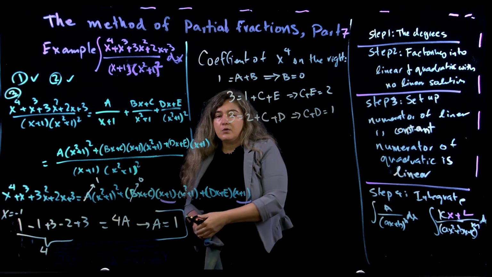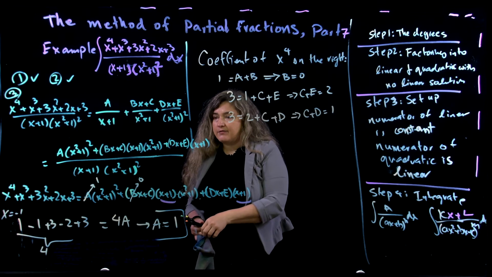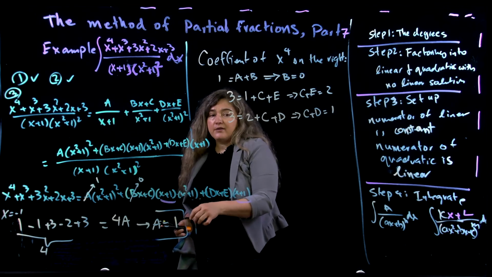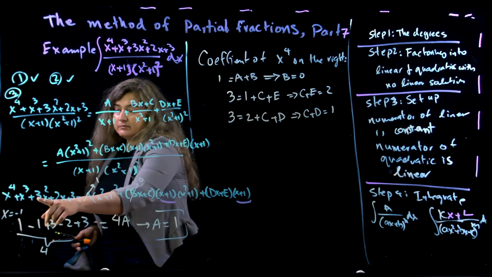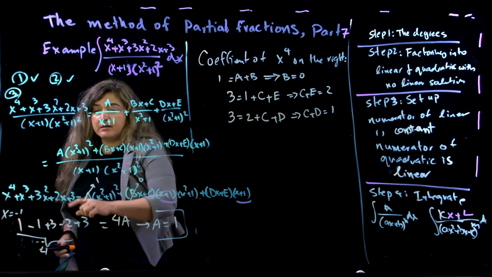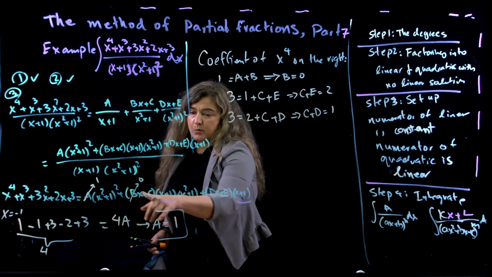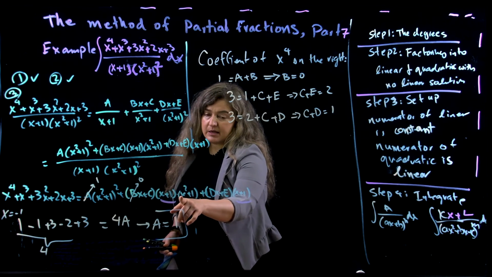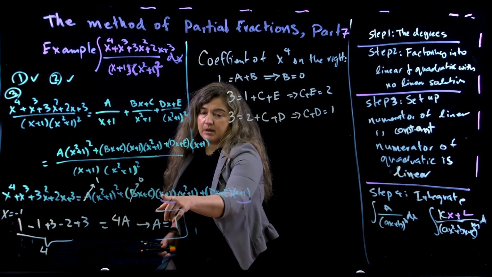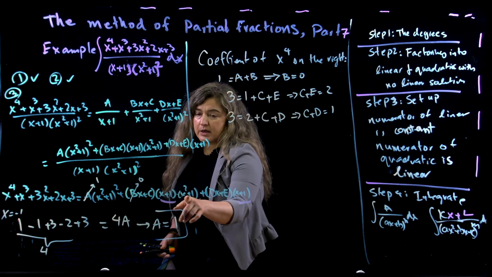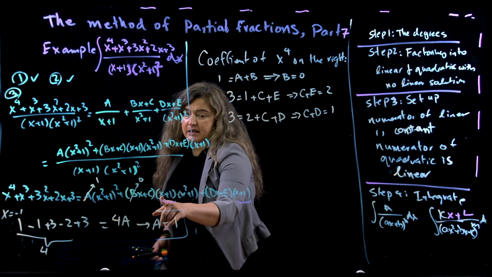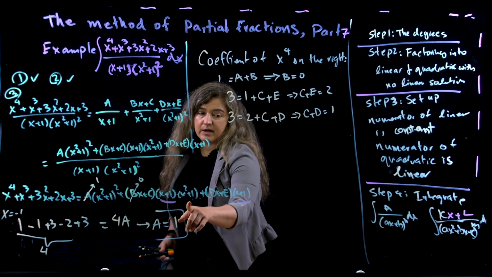And so far, how many things have we found and what have we not tried? We have not tried x to the power 3. Where do we get x to the power 3? x to the power 3 comes from right here again. c is the coefficient for x to the power 3.